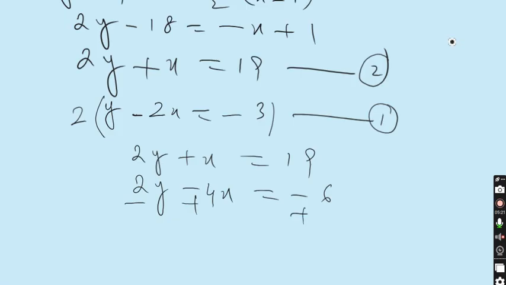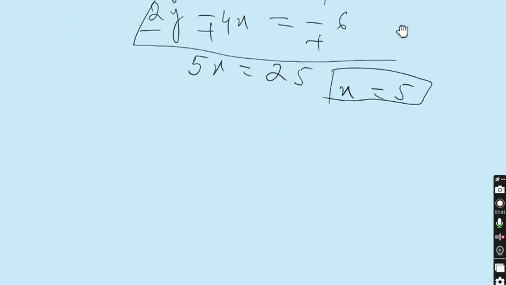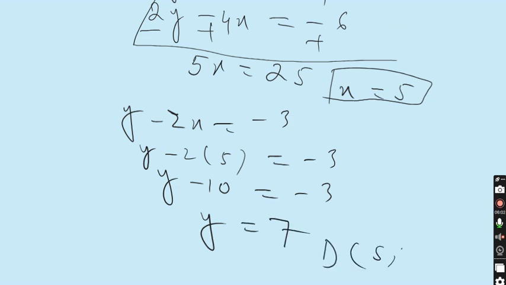Minus and plus cancel. 4x plus 1x is 5x is equal to 25, and x is equal to 25 upon 5, which is 5. Put this value of x equal to 5 in any one of the equations to get the value of y. I am putting this in equation number 1. y minus 2 times 5 is equal to minus 3. y minus 10 is equal to minus 3, and y is equal to 7. Hence the coordinates of D are (5, 7).